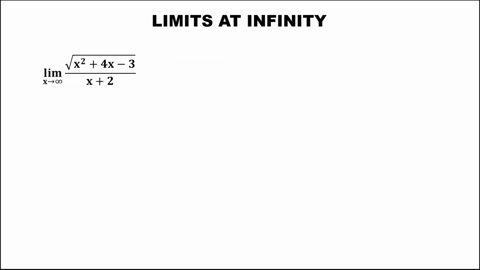Then for this limit, again divide every term by the highest exponent. Since the highest exponent is x squared inside the parentheses, this becomes the square root of x squared plus 4x minus 3 over the square root of x squared, all over, dividing every term by the square root of x squared, plus 2 over the square root of x squared.